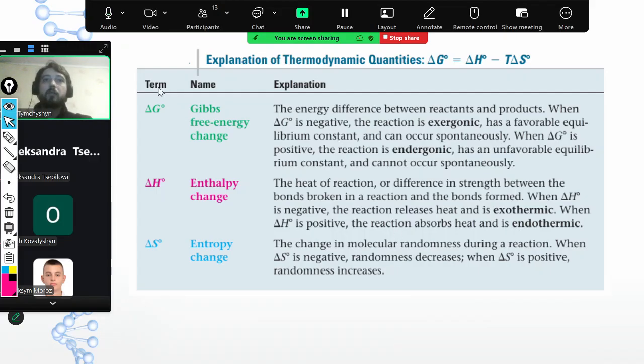Here are, let's say, 3 thermodynamic properties that we will use the most. The Gibbs free energy. We write here delta. Here is a tricky question for you. Why do we so suddenly jump to deltas?